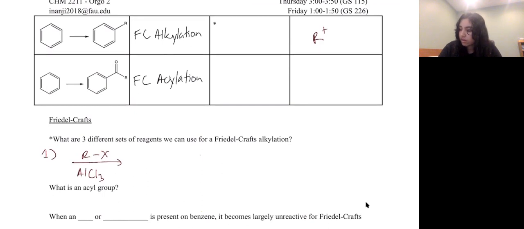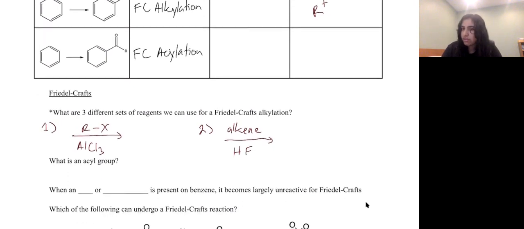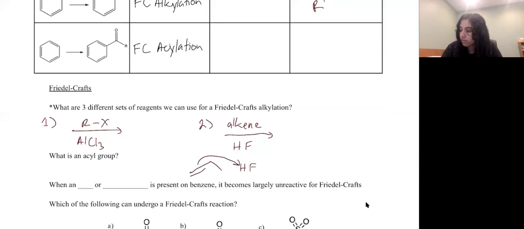The second one, you could use an alkene and then a Bronsted acid, usually HF. So in this case, if you're using an alkene, it would look like this. The alkene attacks the HF, and it's a Markovnikov addition. So you get the carbocation on the most substituted side. And then you have your electrophilic species right here.